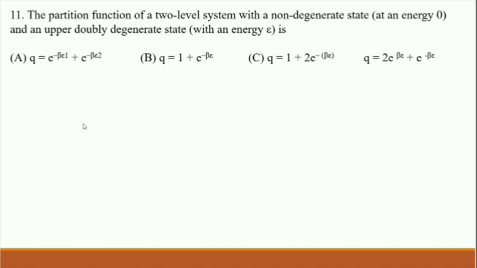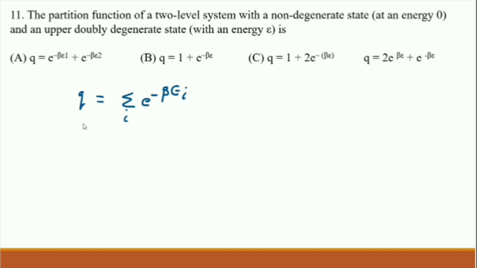Now moving to the 11th question. The partition function of a two-level system with a non-degenerate state and an upper doubly degenerate state. The partition function equation is Q equal to the summation of e raised to minus beta Ei, where E is the energy.